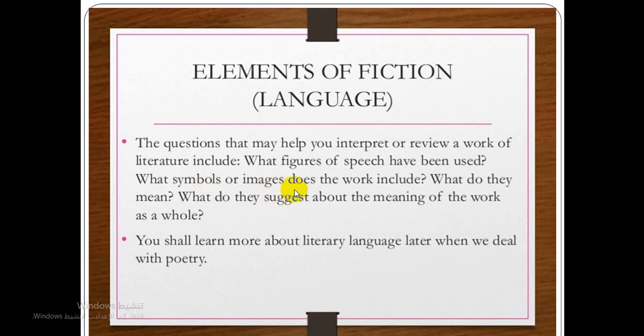What symbols or images does the short story include? What do they mean? What do they suggest about the meaning of the work as a whole? So you shall learn more about literary language later in other literature courses. During this course, we will be analyzing a lot of short stories.